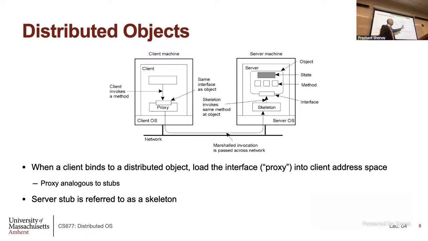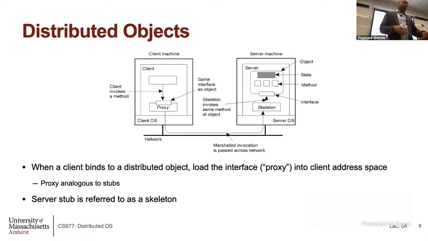It's called a skeleton on the server side, but it's really stub code. It's auto-generated code, which the programmer does not write. Okay? So in this case, when the client is invoking a method, you're going to go to the proxy. The proxy will construct a message. The message will be sent over a network. It will arrive at the server stub code, which will then invoke the actual object and the method that was invoked on that object, and execute it. The reply will go back in the other direction. Is that clear?